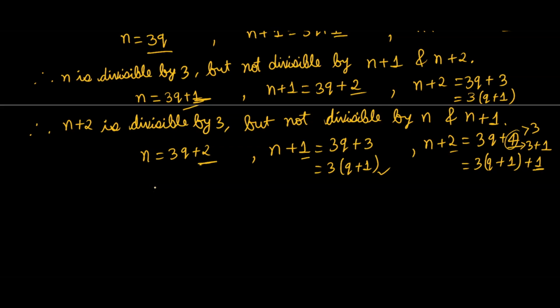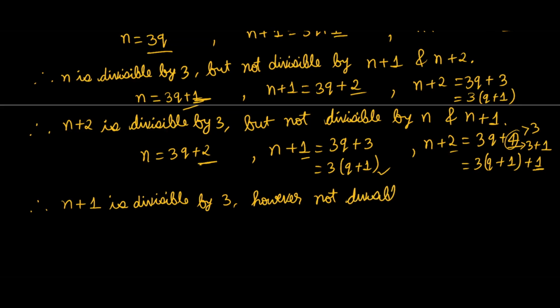So we can write, hence n+1 is divisible by 3, however not divisible by n and n+2.